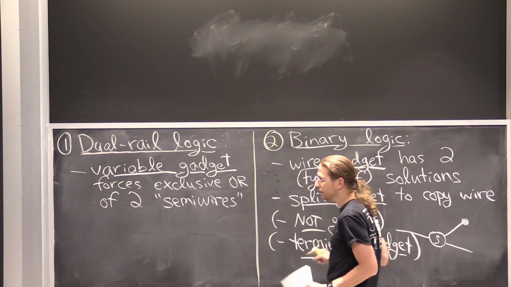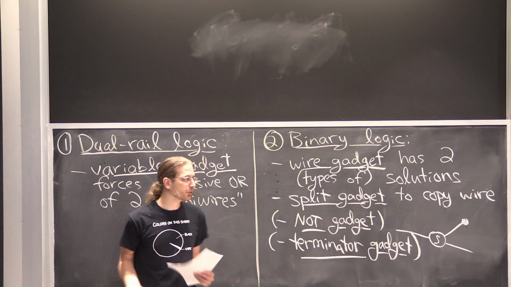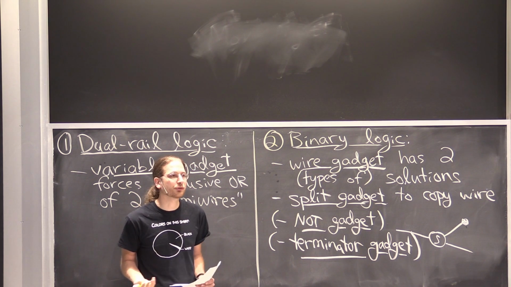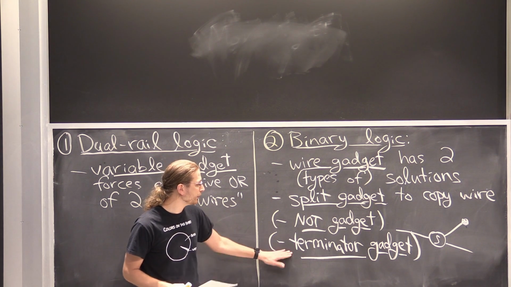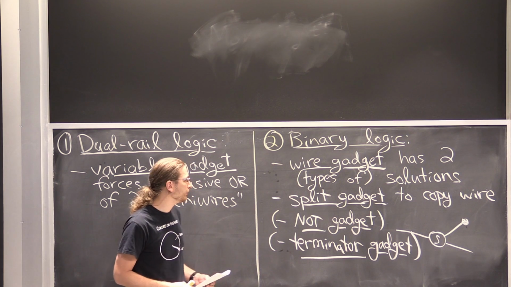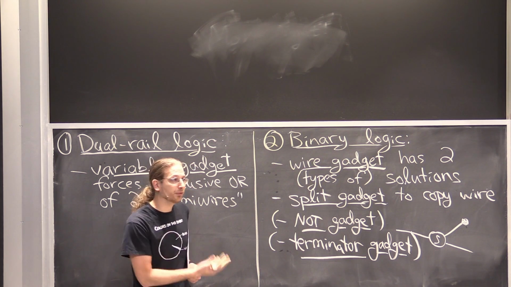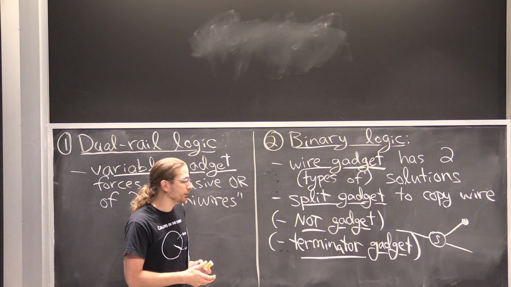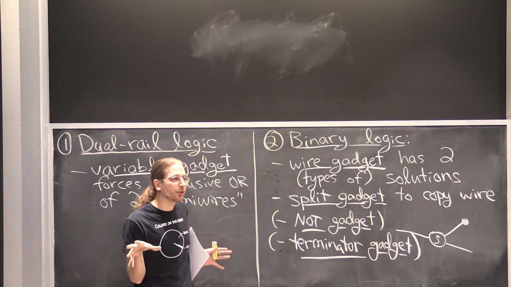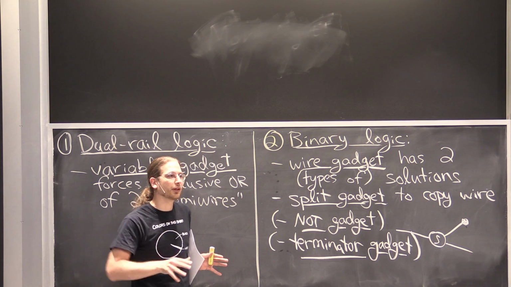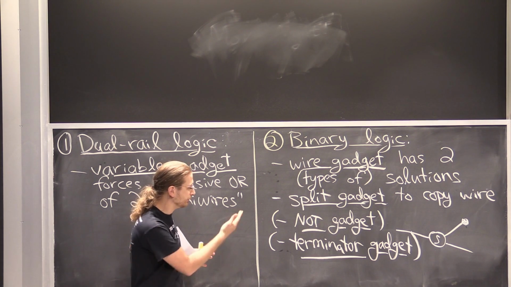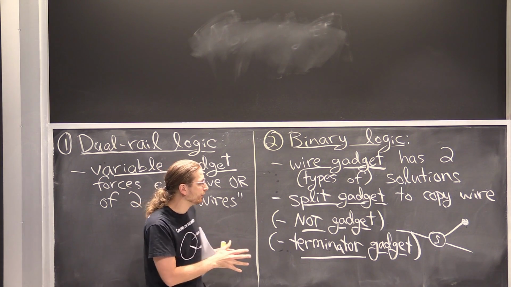And the idea of the terminator gadget is it leaves the wire free to choose true or false. Now sometimes you can get away without a terminator gadget. If, for example, each of your variables occurs exactly 4 times, then you can just use 2 splitters, make 4 copies, and then connect those directly to the clauses. So maybe with some negations. In that case, you wouldn't need a terminator.